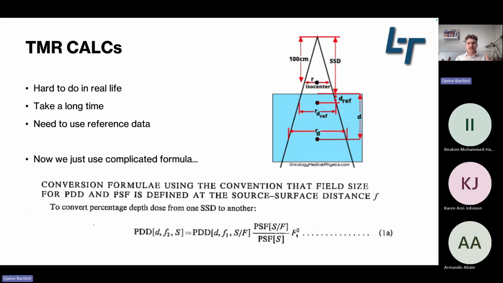Things like SSD and SAD are very simple concepts theoretically, but when you start applying them in setups like water tanks versus clinical treatments, there's a relationship that needs to be understood more in depth, that this formula doesn't really allow us to teach our physicists these days.